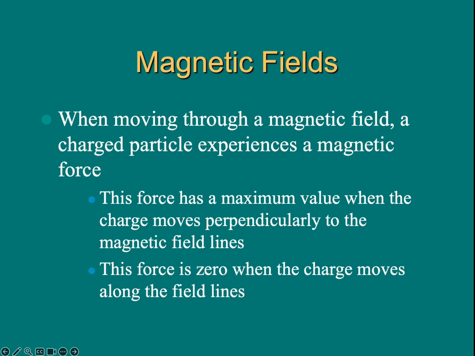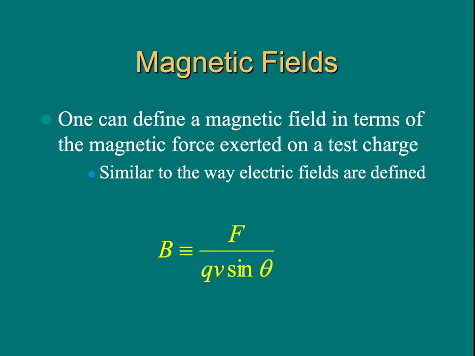We'll discuss this magnetic force later. Just like we can define the strength of electric field through the electric force received by a test charge in an electric field, we can also define the strength of magnetic field from the magnetic force received by a test charged particle inside the magnetic field.